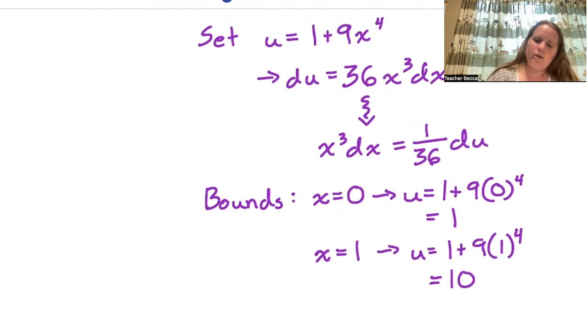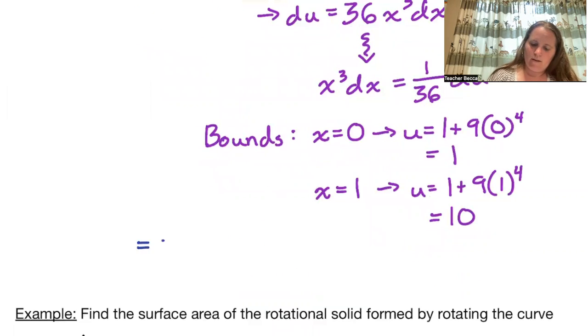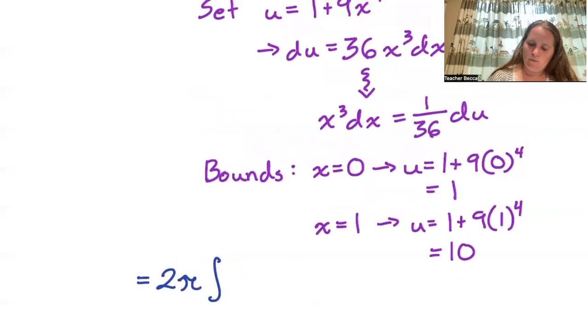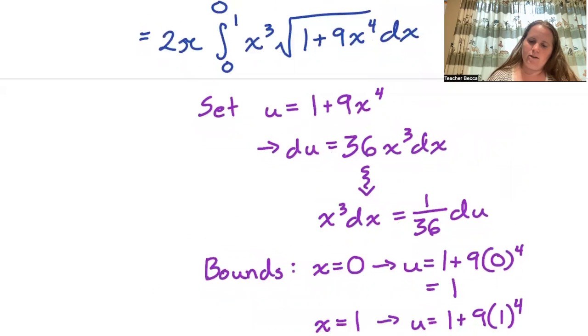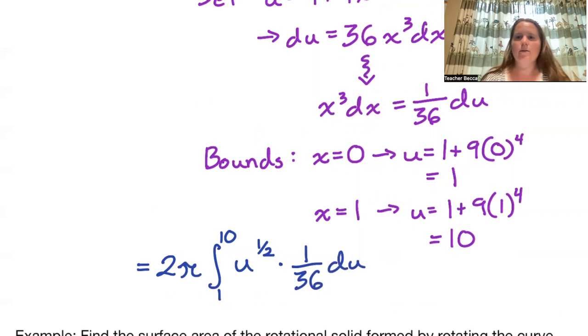So we have our definite integral as 2 pi times the definite integral from 1 to 10 of, we just get square root of u, or u to the 1/2, times 1 over 36 du.